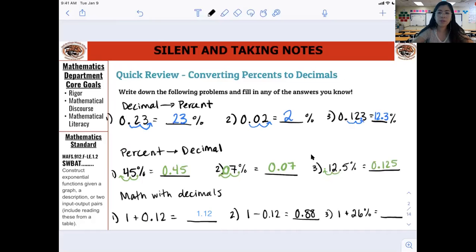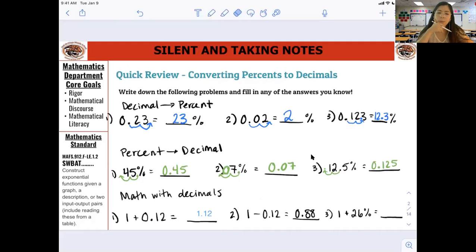One way that I like to do these types of problems, if you're subtracting from 1, think about it like money. So it's $1 minus 12 cents. Or another way you can think about it is, what's 100 minus 12? That's 88. Then you turn that back into a decimal.